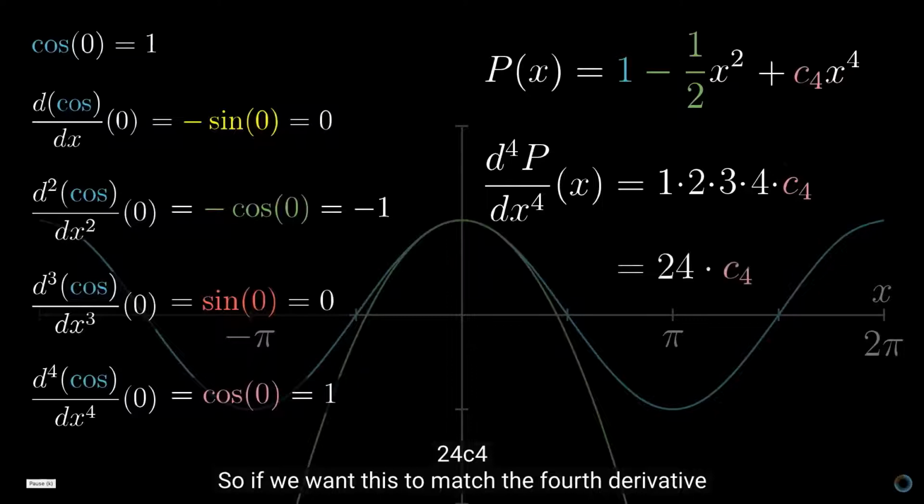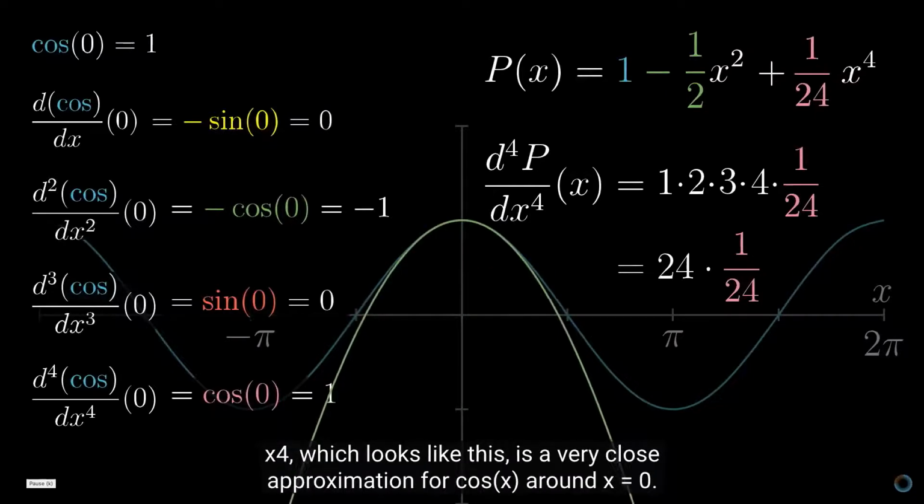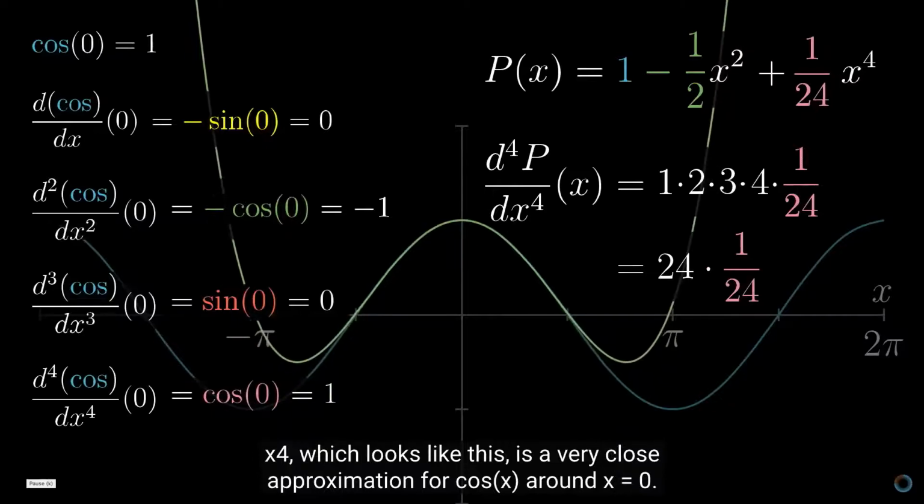So if we want this to match the 4th derivative of cosine x, which is 1, c4 has to be 1 over 24. And indeed, the polynomial 1 minus 1/2 x squared plus 1/24 times x to the 4th, which looks like this, is a very close approximation for cosine x around x equals 0.